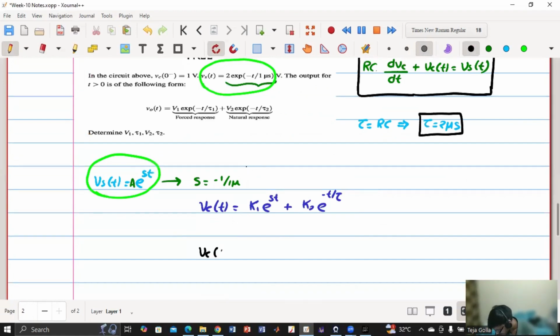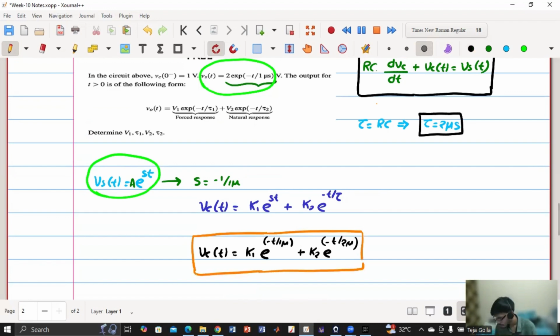Vc of t is a scaled version of the input exponential, which means K1 into e to the power minus t by 1 micro, plus a scaled version of the natural response, e to the power minus t by tau, which is 2 micro. So now is it clear why we are getting that? This is the generalized solution that we have learned today, for which we have to find K1 and K2.